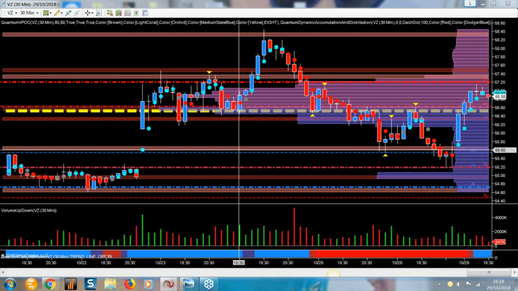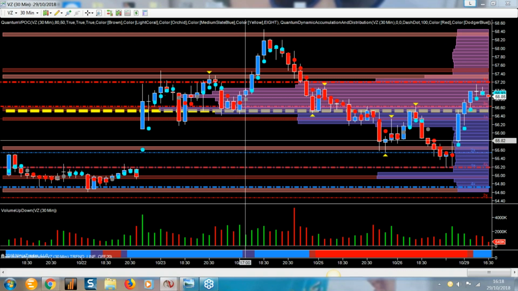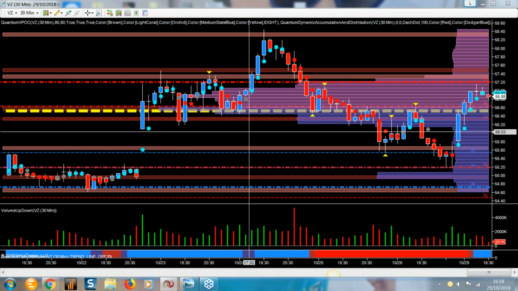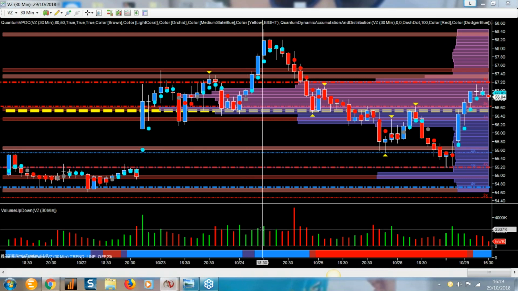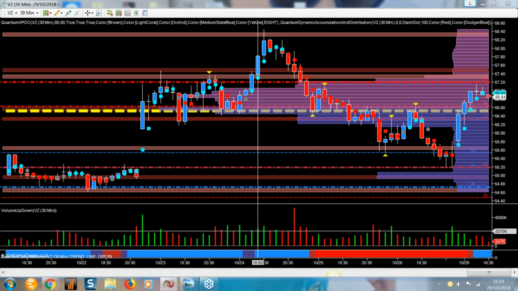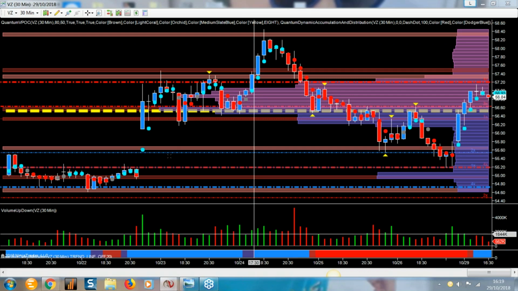Then the next one comes in, and that is high volume again, and that seems to be the trigger for the push away from the VPOC. And the push away, this is what we want to see. You want to see rising prices, but you actually want to see the volume rising as well, as we see here. You don't want to see some up, some down. It's unclear.